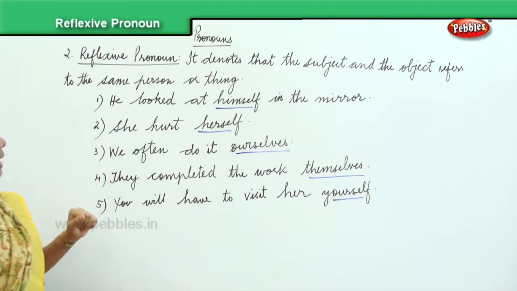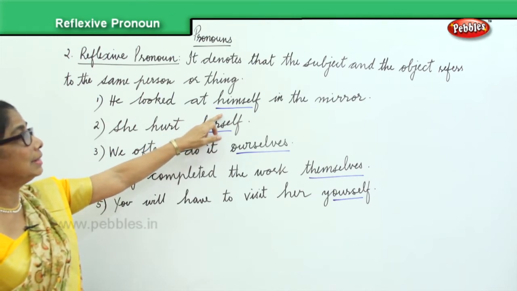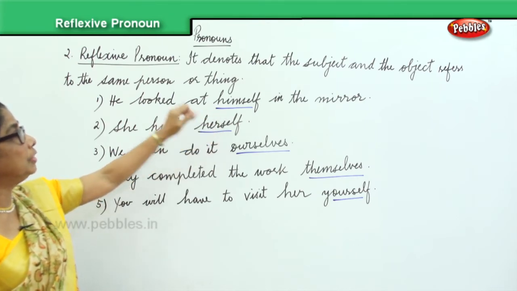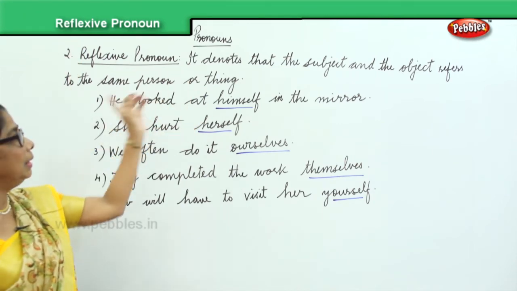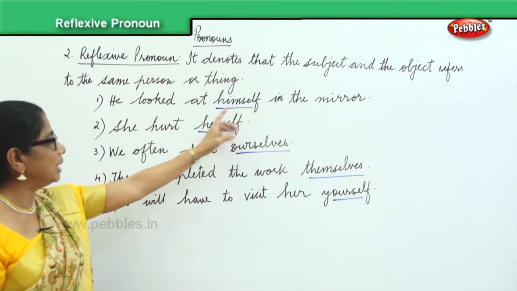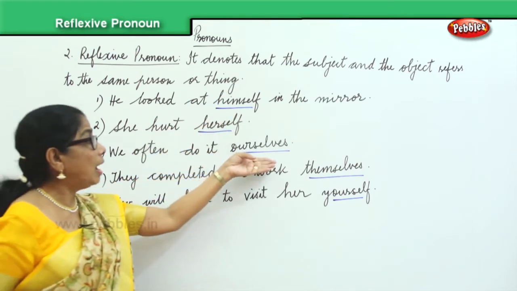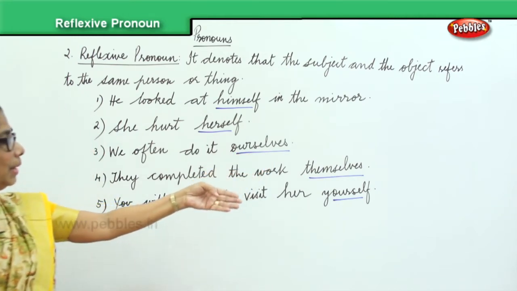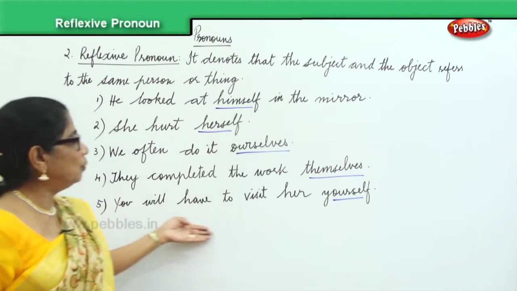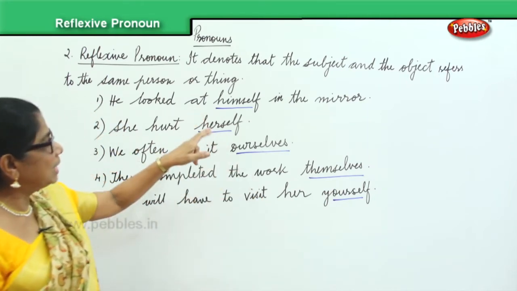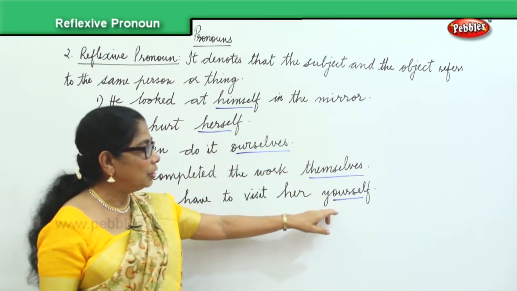Now, in these 5 sentences, the reflexive pronoun says that the subject and the object refers to the same person or thing. So he is looking at the mirror himself. She hurt herself. We often do it ourselves, and they completed the work themselves. And then you will have to visit her yourself. So himself, herself, ourselves, themselves, yourself.